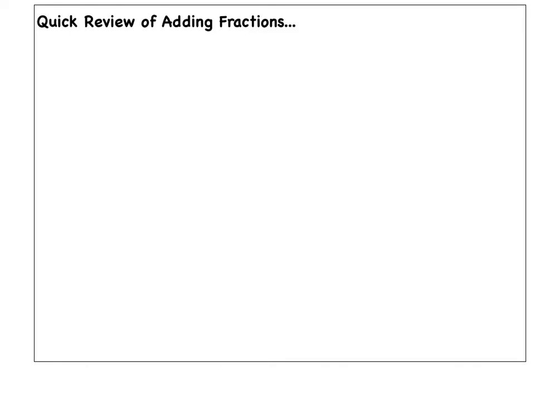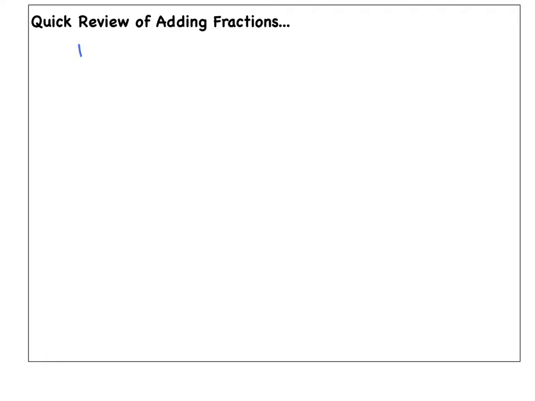So a quick review of adding fractions. Let's jump in that old time machine and go back a few years and just review, how did I add 4/3 to an 8/3? Well, the good news is we could celebrate the fact that we do have common denominators here with the 3's, so we can simply go ahead and add the numerators and get a 12 while keeping the denominator the same. So 4/3 plus 8/3 is equivalent to 12/3, and then of course that reduces down to a 4.